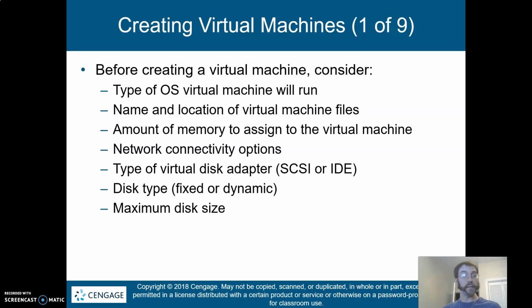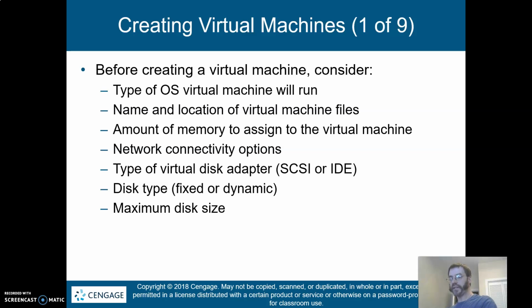With a thick provision eager zero, it's going to take a lot longer to create initially, but it'll be faster in use. Whereas with lazy zeroing, it's the reverse. It will be slower in use, but quicker to spin up.